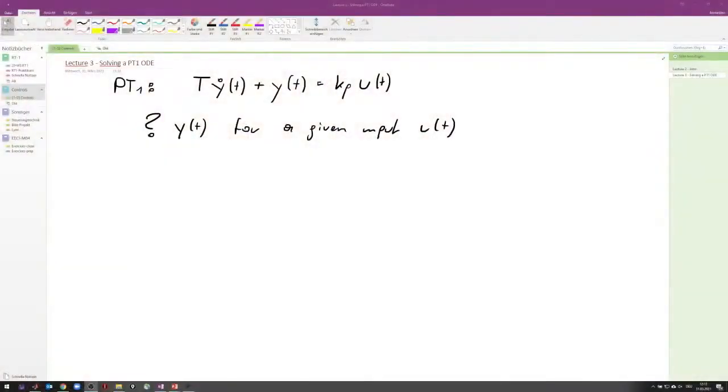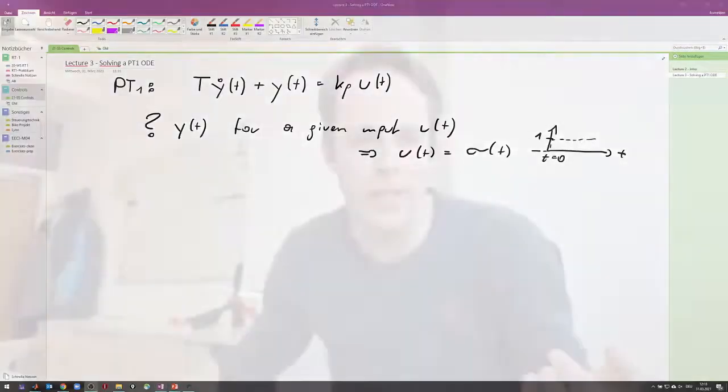Okay, and again, we're going to assume we apply an input which is the unit step function, right? So it really looks like 1 here. It's going to move up, and then it's going to be 1 for t greater than or equal to 0. Okay, so again, why? Now you could say y equal 1, why not equal 3?